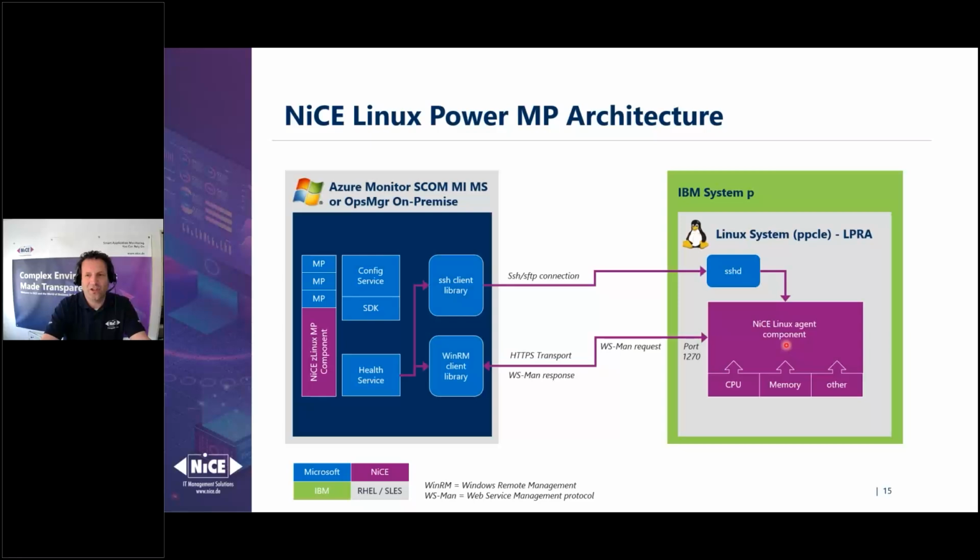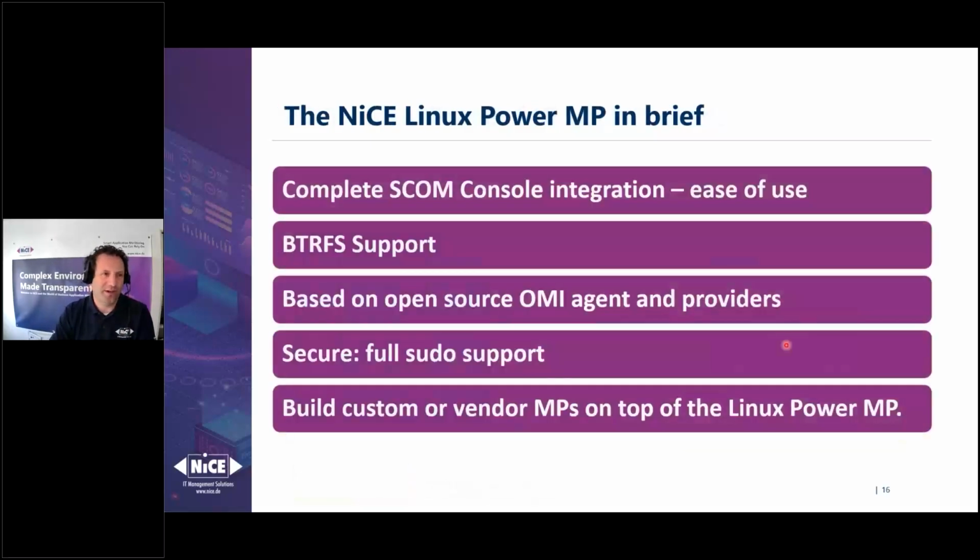It's the same agent, just built for a different processor architecture on a different platform. It collects the data and brings it to operations management, and then the data can be brought either into the log analytics workspace of Azure, or it can be evaluated right in the SCOM environment.